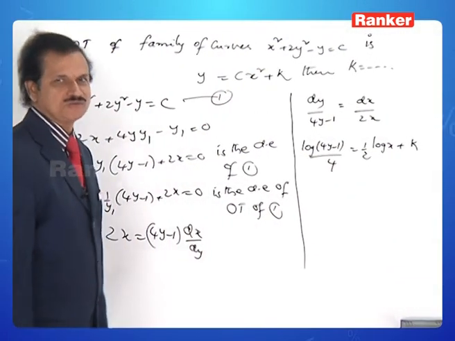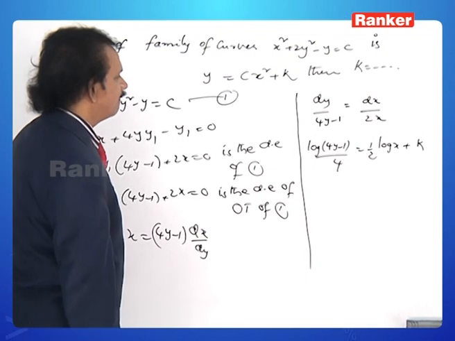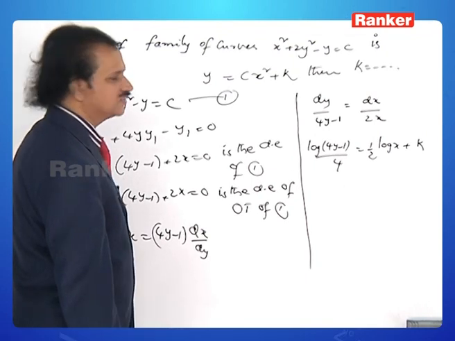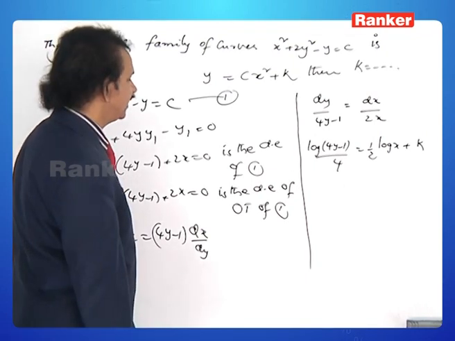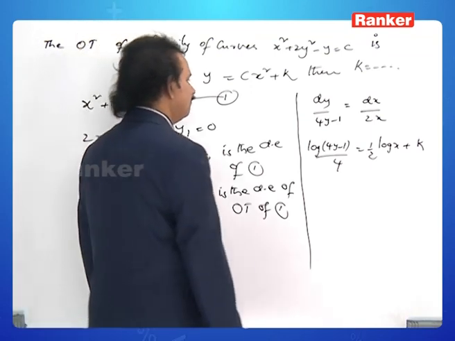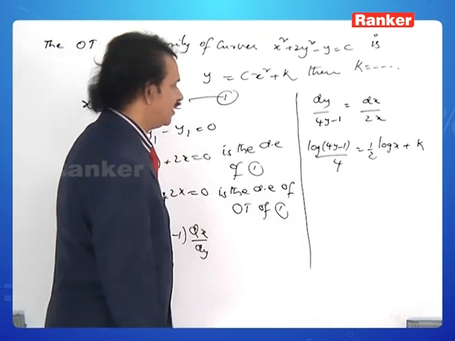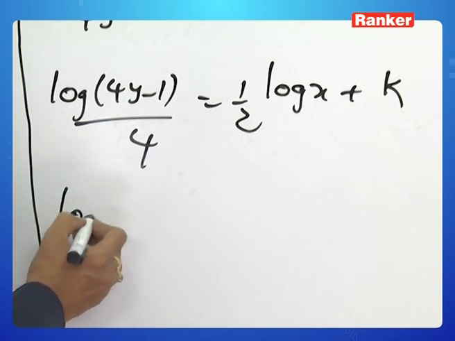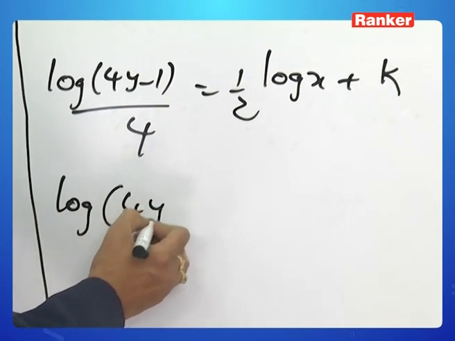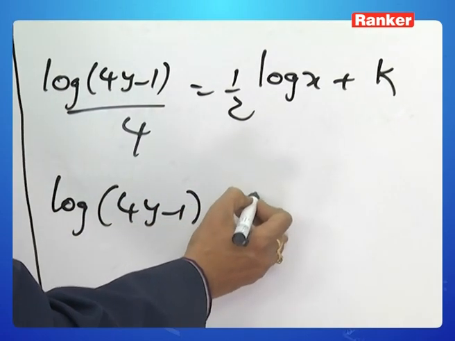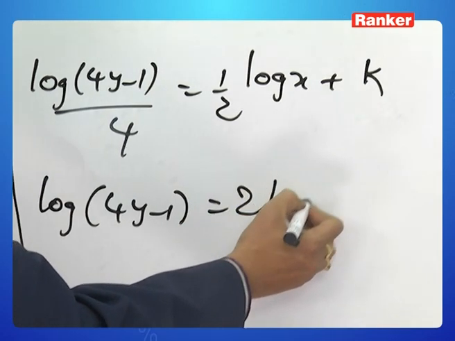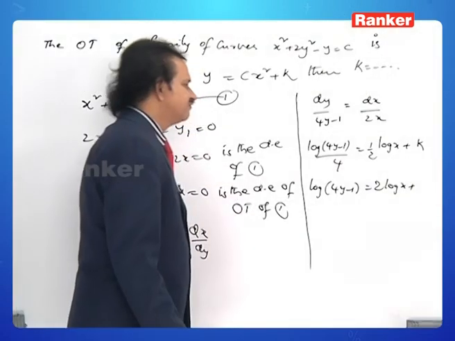Another constant you have to use, isn't it? Plus k. Okay. Multiply it with 4. What happens? Log of 4y minus 1 is equal to 2 log x plus 4k.